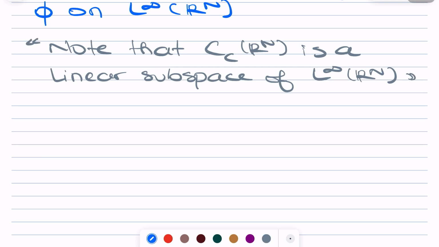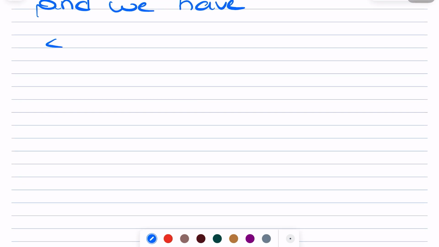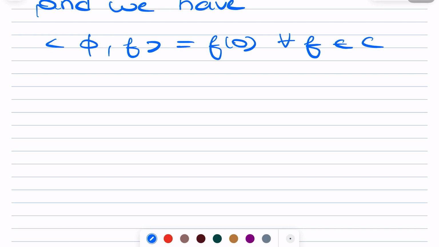And we have phi restricted to the space of continuous functions with compact support is equal to phi 0.